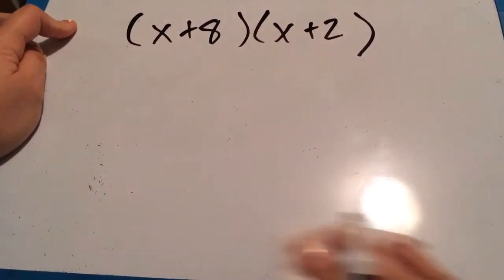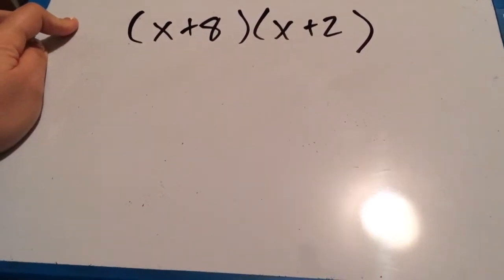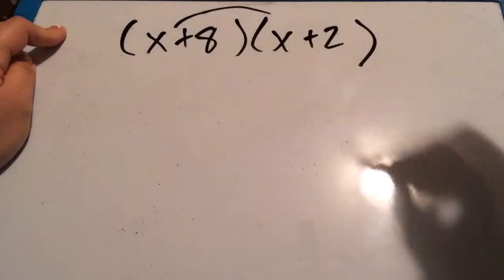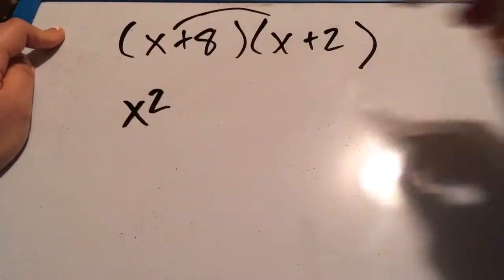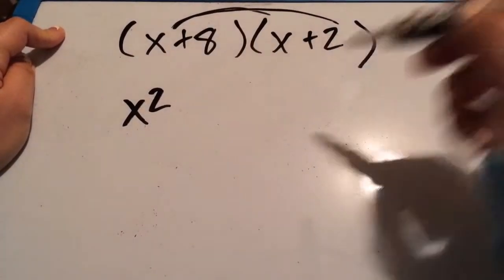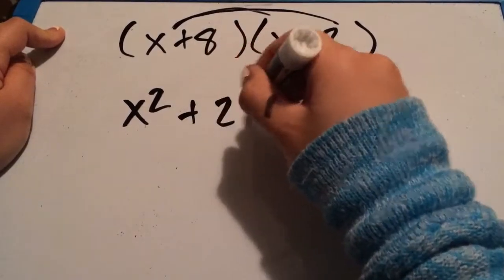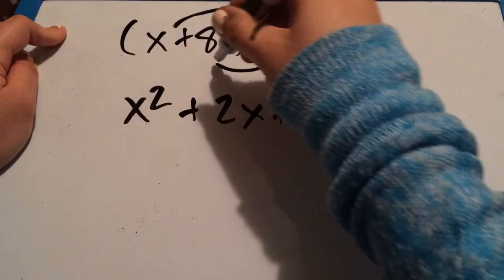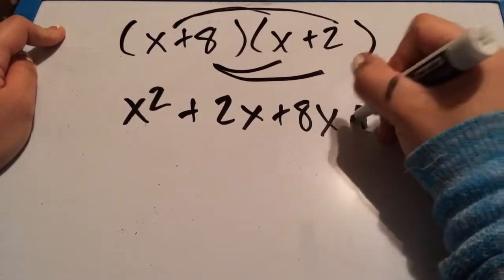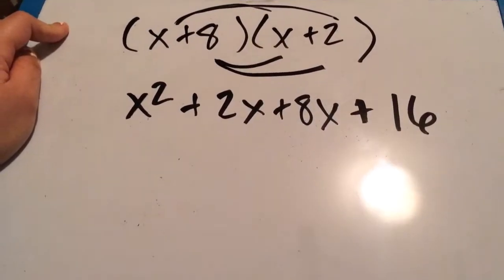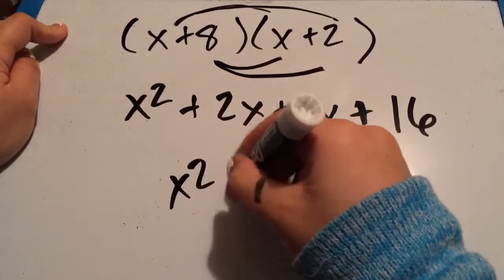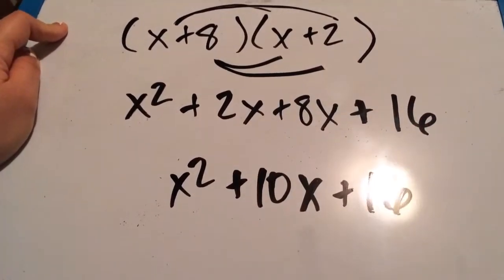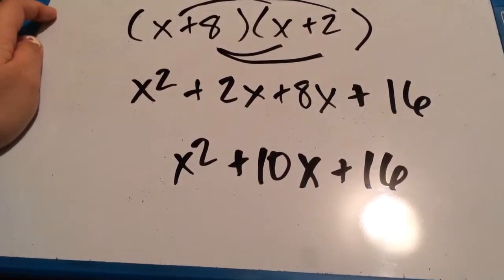To FOIL, first we do first, which would be x squared. Do outer, should be 2x. We do inner, should be 8x. And then we do last, which is 16. Combine our like terms. And voila, we got what we originally started with.